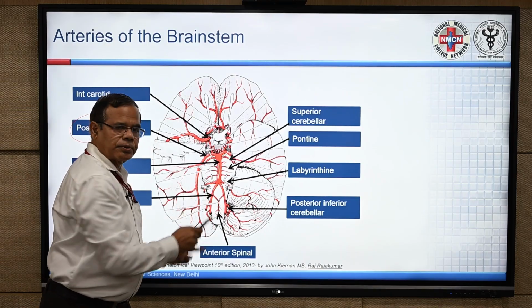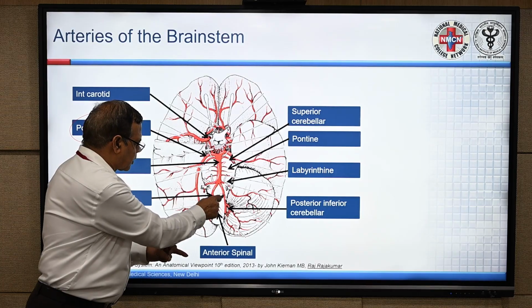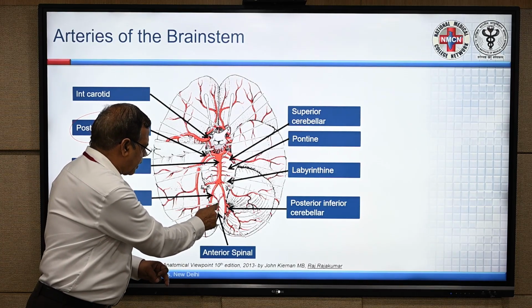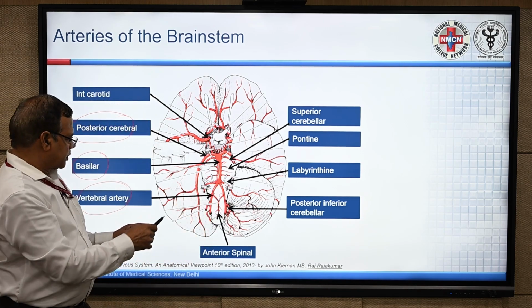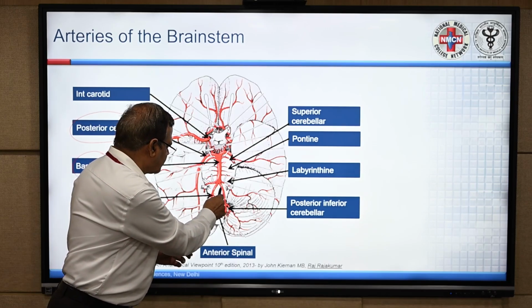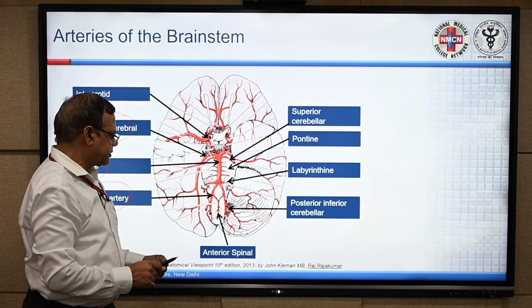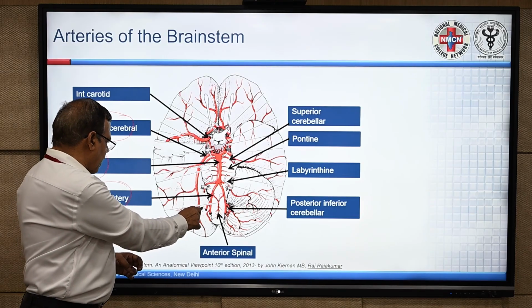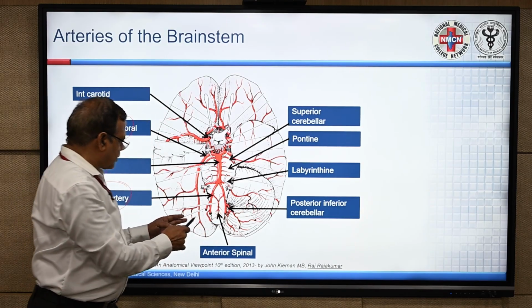The fourth part of the vertebral artery gives two branches which come anteriorly to join and form the anterior spinal artery. Then other branches are the posterior inferior cerebellar artery, and some branches are given here to the medulla.